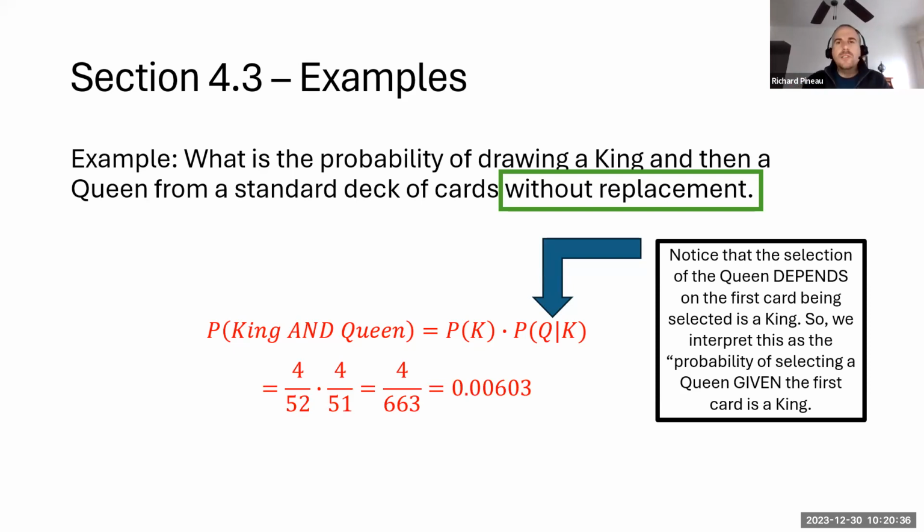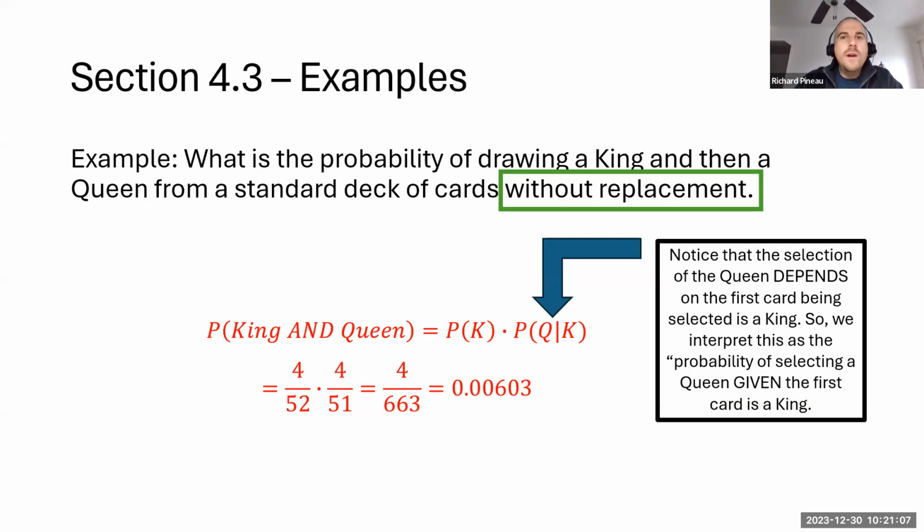Now, if you listened carefully, what I said is we selected the king and I threw it on the ground. What has now happened? Well, there are still 4 queens in the deck, but now there's one less card in the deck. We went from 52 down to 51. So the denominator has to be 51. That's the idea behind dependence. Now the occurrence of that second card being selected, there's a change, and it has an impact on the probability.